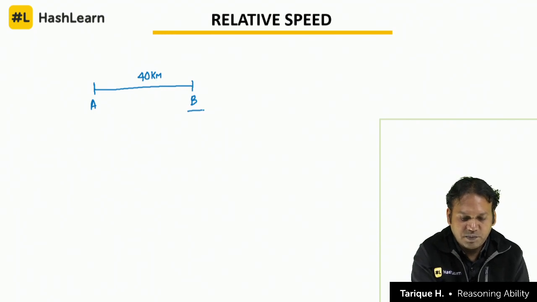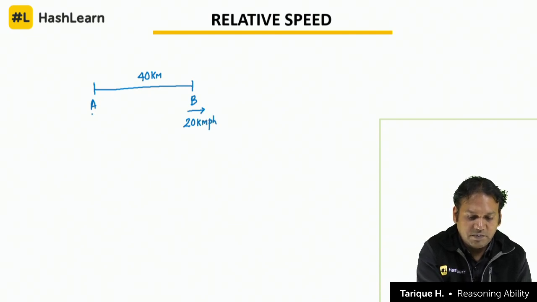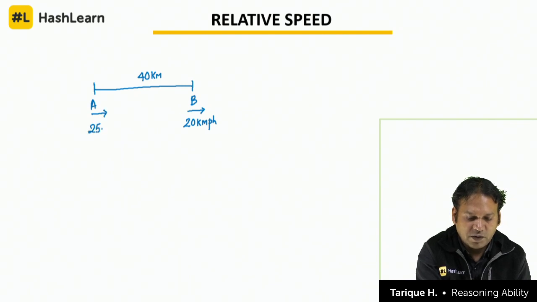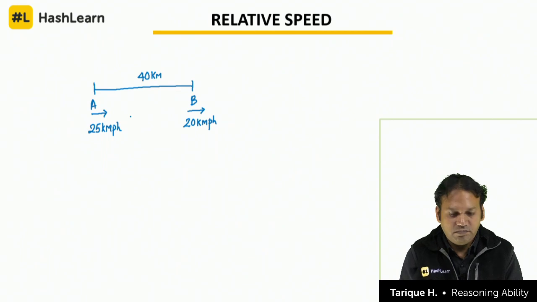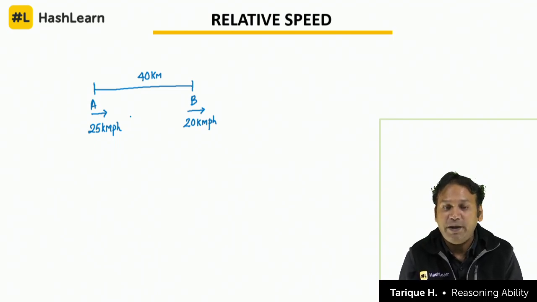B is moving at a speed of 20 kilometers per hour, and A is chasing B at a speed of 25 kilometers per hour. So at a particular point of time, the distance between them is 40 kilometers. Now clearly we can see here that A is the faster object and B is the slower object. So A will overtake B at some point.